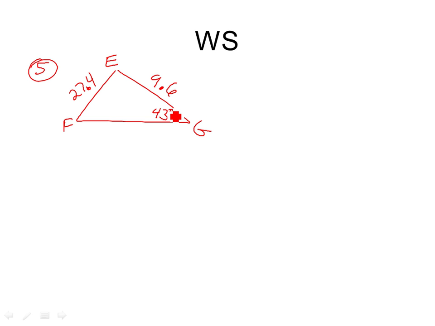They want us to find the measure of angle F. So we're looking for this angle right here. We set up our proportion. You got to remember this proportion because we're going to do law of cosines today. But once you do the law of cosines once, you don't want to do it again because it's a big, long, drawn-out formula.